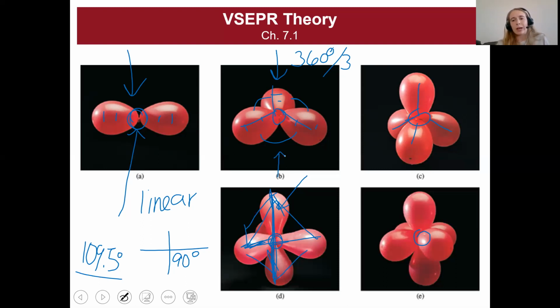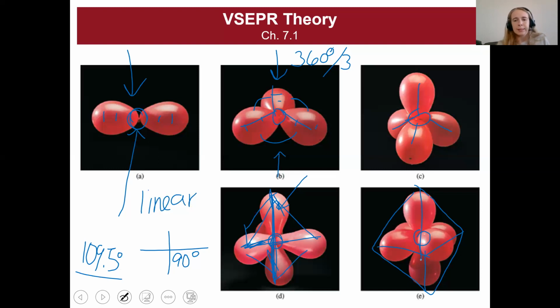And finally, if we have 6 terminal atoms, we have all of our spaces occupied around, then we make an octahedron. Or if some of you are gamers, maybe you've seen an 8-sided dice before. This is an octahedron. It's got 8 sides.